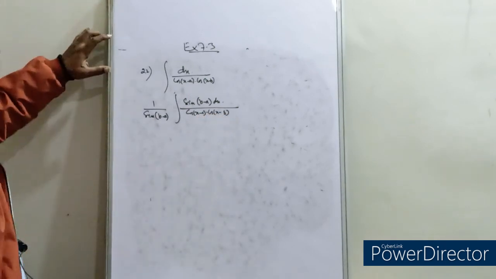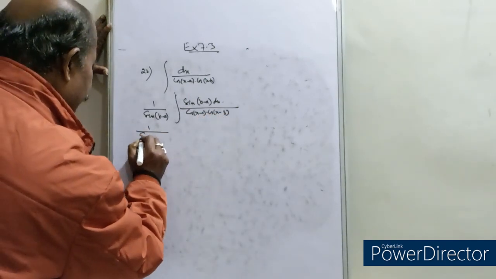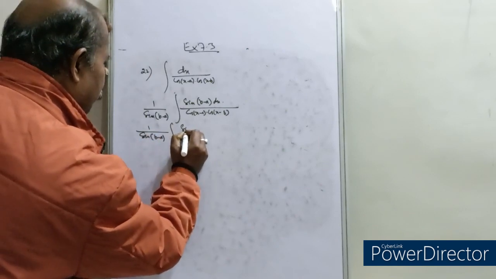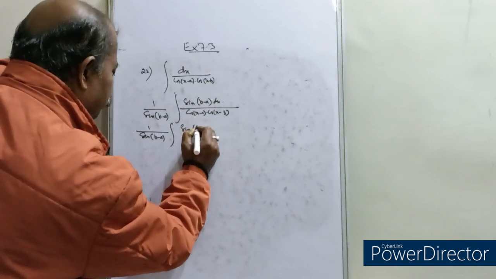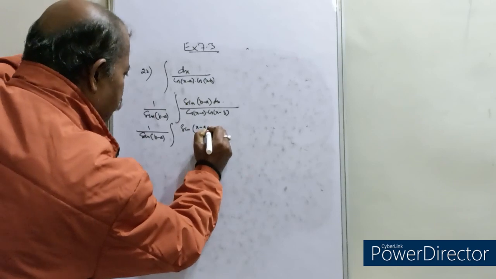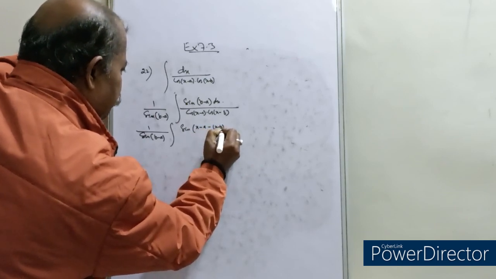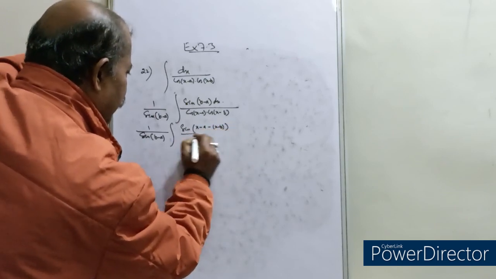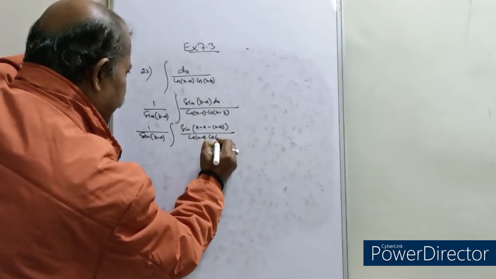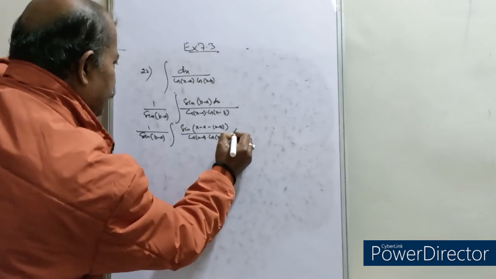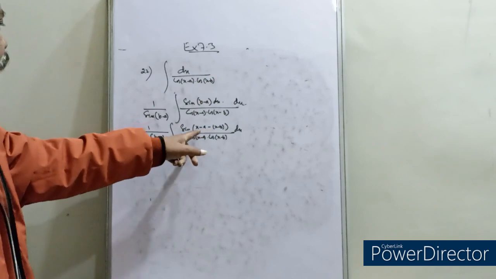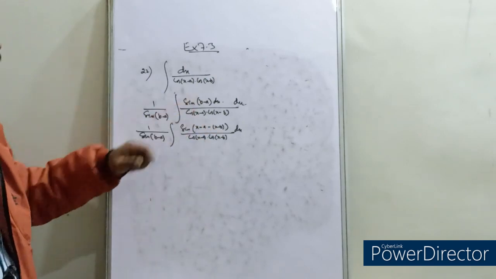Here I am going to do some manipulation. Sine(b minus a) you can write as sine of (x minus a) minus (x minus b), by cos(x minus a) into cos(x minus b) dx. Here you see that x minus x cancels out, plus b minus a.